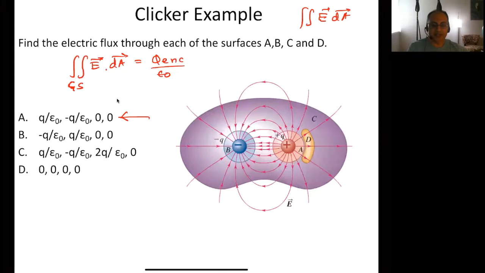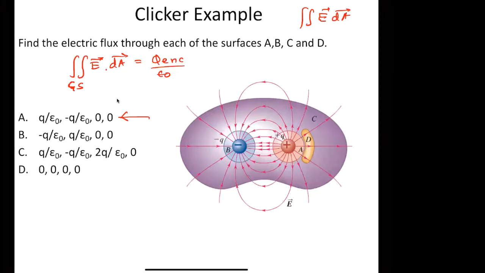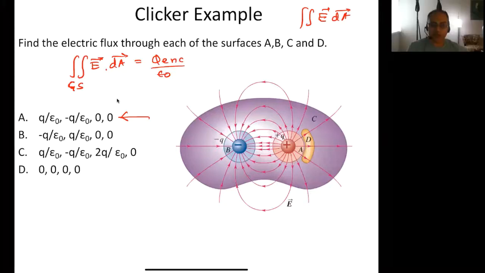What charge do you see sitting inside surface A? Plus Q. That makes sense? And so according to Gauss's law, the flux of the electric field over the surface A is simply going to be Q divided by epsilon 0, right?